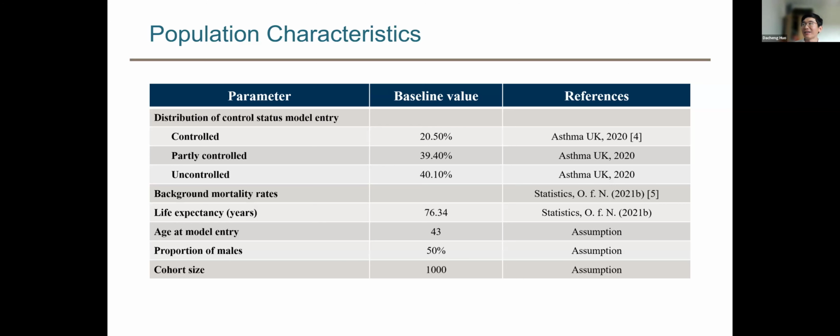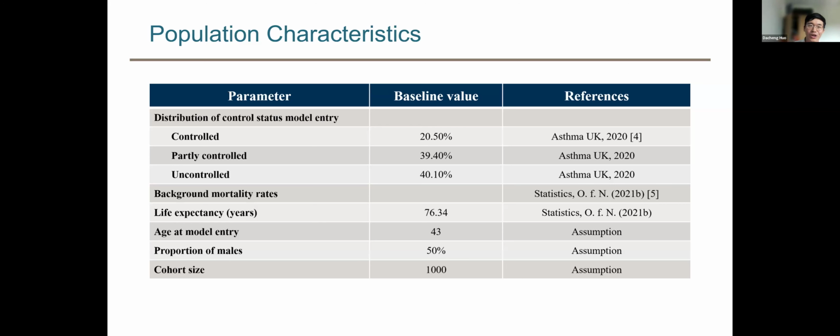According to the Asthma UK study, the current distribution in the UK population is around 20% controlled, around 39.4% partly controlled, and 40% uncontrolled.